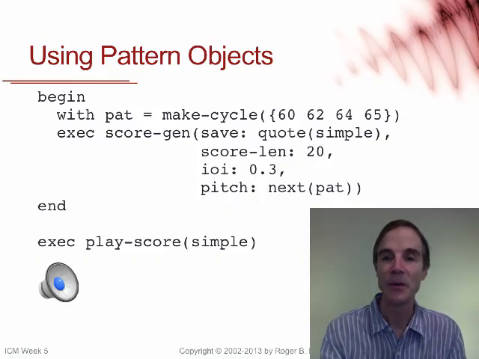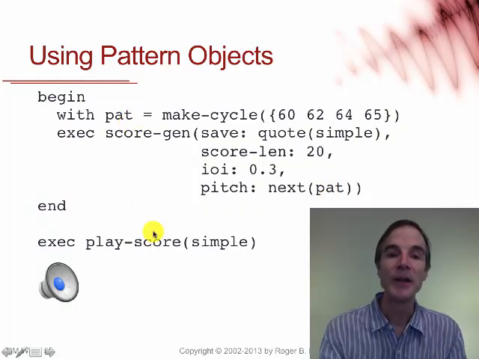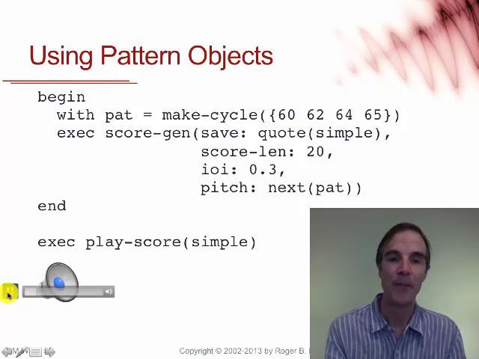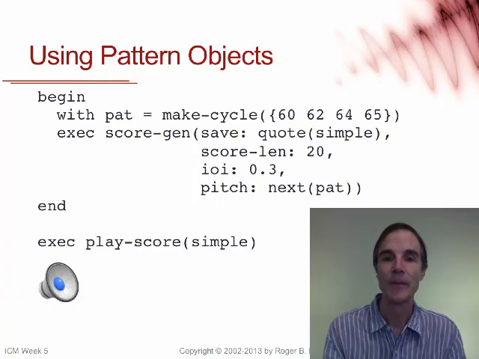And pat, of course, is our pattern object that we created up here. After we run this, we get a score and we can play it. It sounds like this. So not too exciting yet, but we'll see more soon.